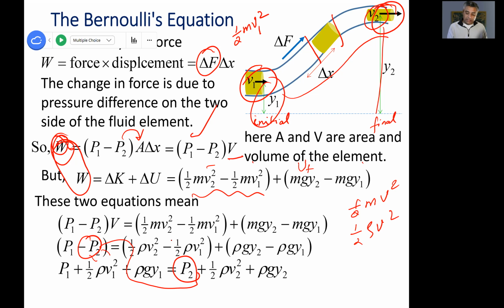And similarly, on the other side, all the terms that have subscript one have a negative sign. So when they move to the left side, they become positive. So that's why all terms are now positive, with subscript 1 on the left side and subscript 2 on the right side.